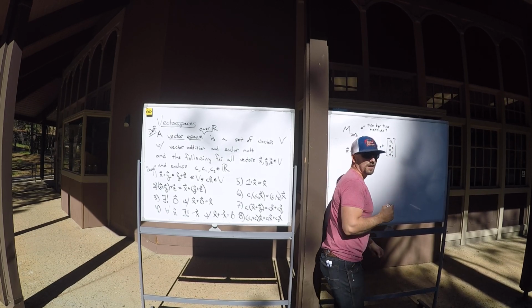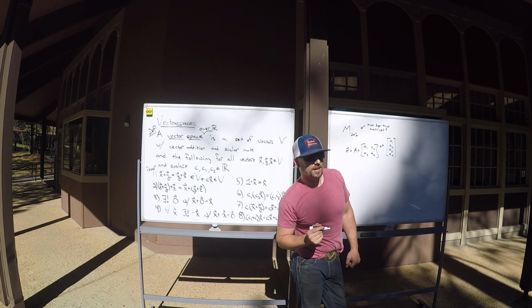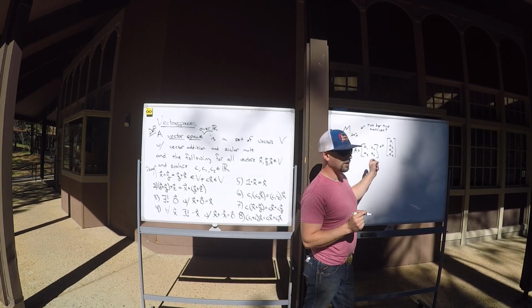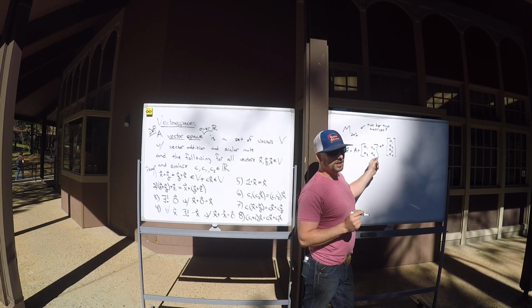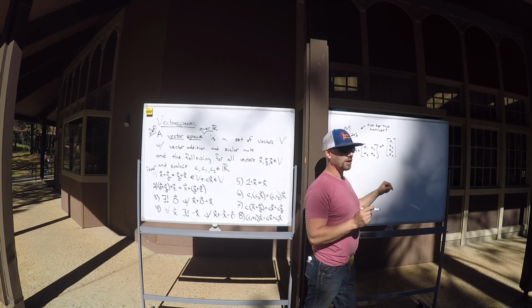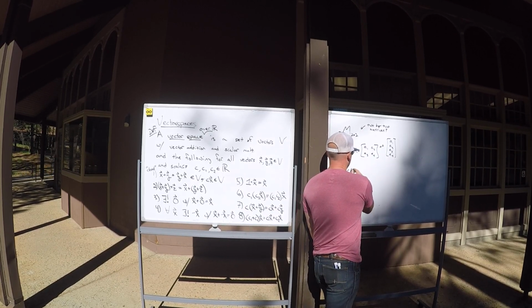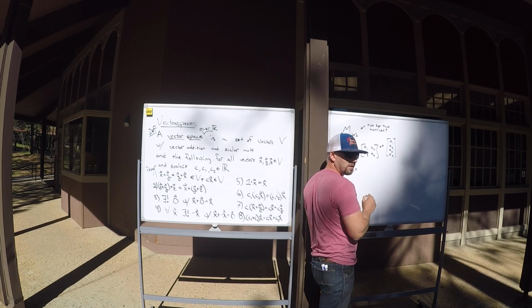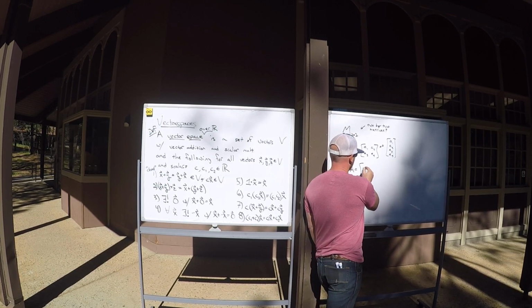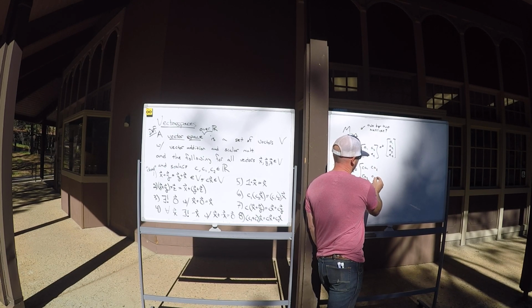And then just check that scalar multiplication is analogous between these two things, right? If you do cA in matrix land, that'd be ca1, ca2, ca3, ca4.